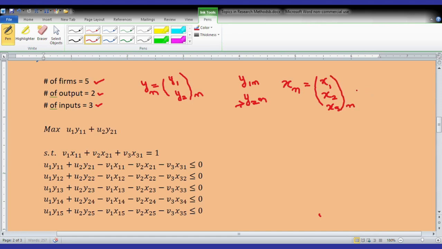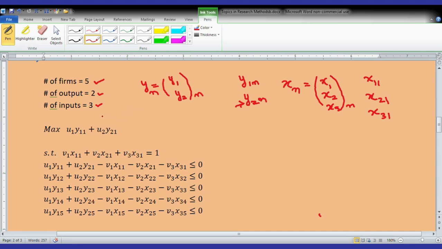If we are talking in the context of firm 1, there is the first input used by firm 1, the second input used by firm 1, and then the third input used by firm 1. So there is something that is to be kept in mind.